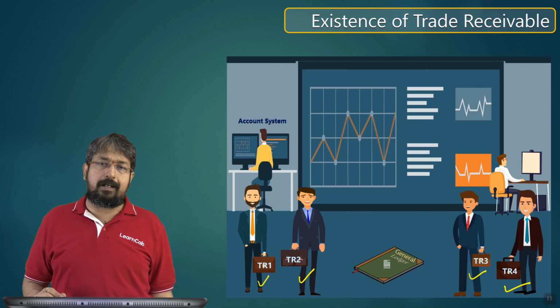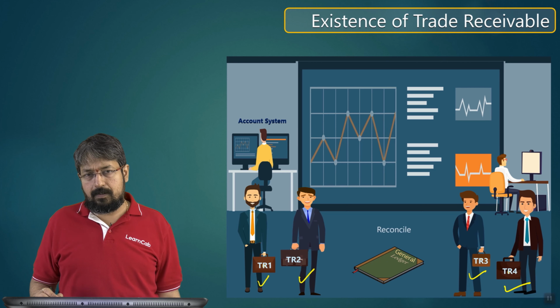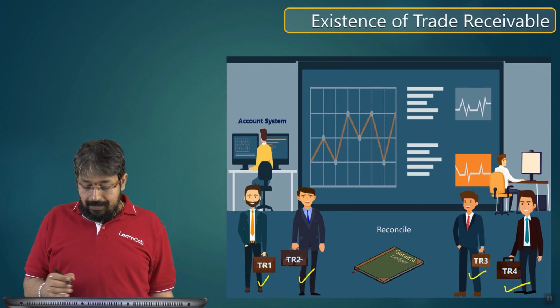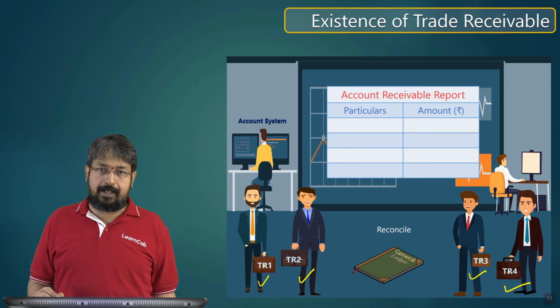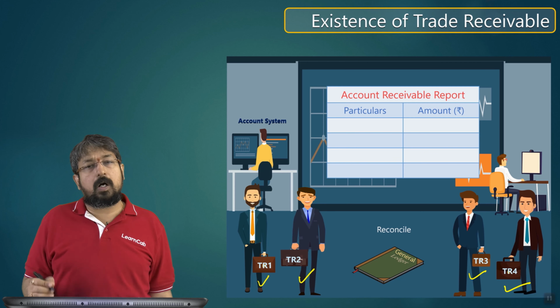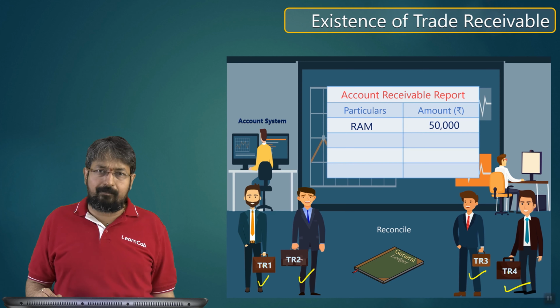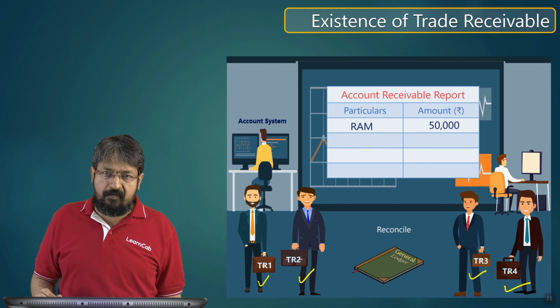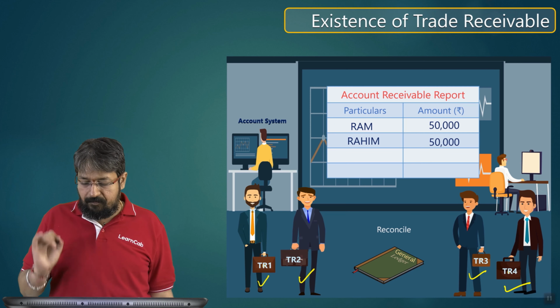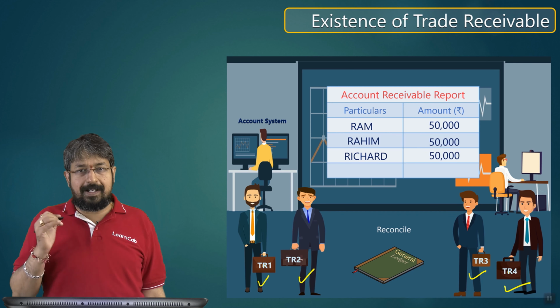So here also an entry is made in the general ledger. And this general ledger must be reconciled with the accounts receivable report. So there will be a customer, say Ram, to whom a sale of 50,000 has been made, Rahim 50,000, Richard 50,000.